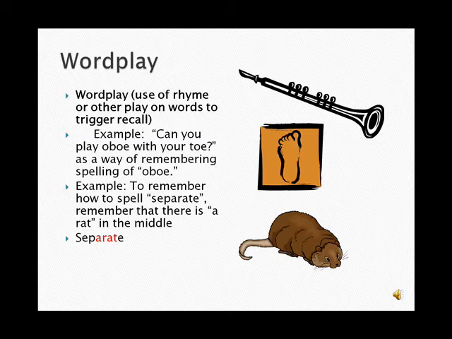Example: "Can you play oboe with your toe?" as a way of remembering the spelling of oboe. Another example: to remember how to spell separate, remember that there is a rat in the middle, S-E-P-A-R-A-T-E.